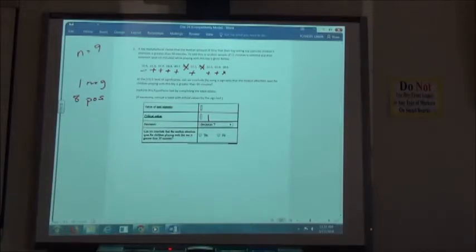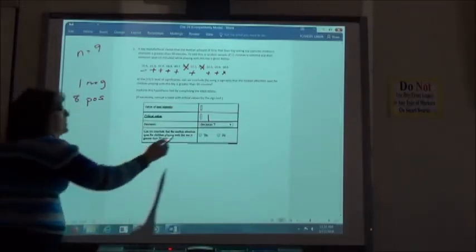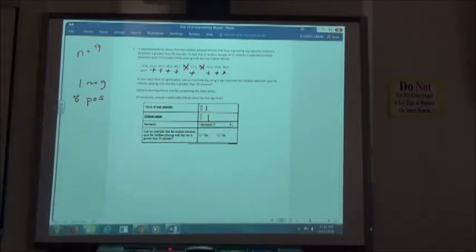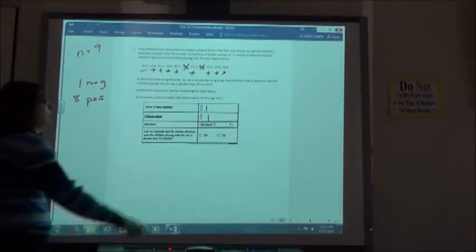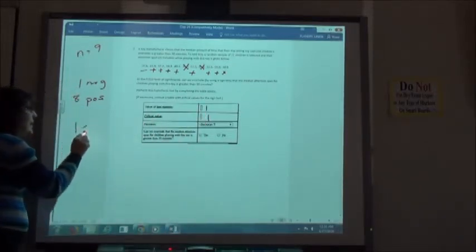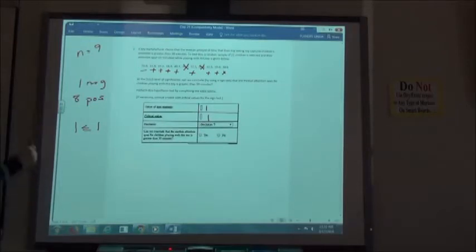Our value of our test statistic is 1. I always take the lower of my 2 when I count up my negatives and my positives. I'm going to compare those values. 1 is less than or equal to 1. Notice the equal sign in there. When we said it was less than or equal to, our decision there was to reject the null.